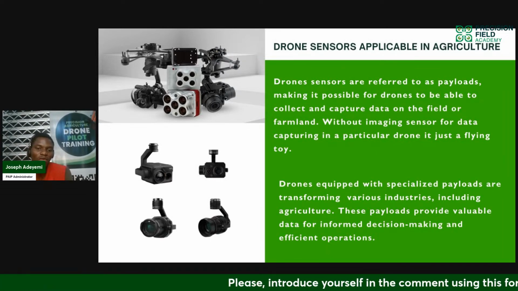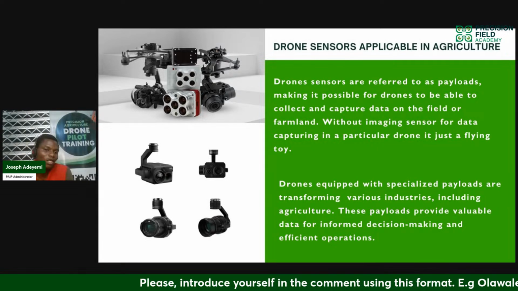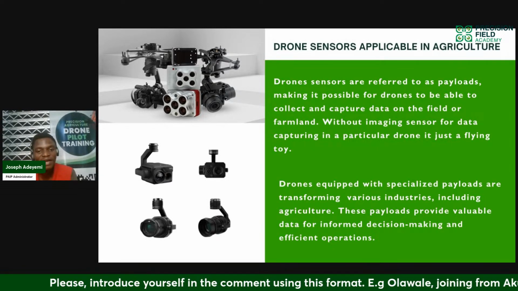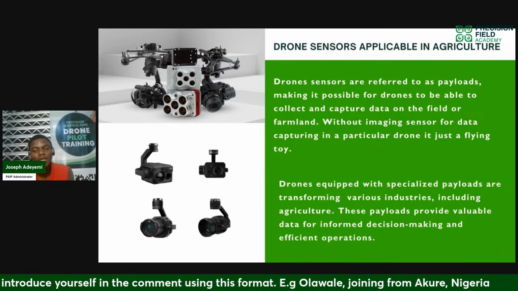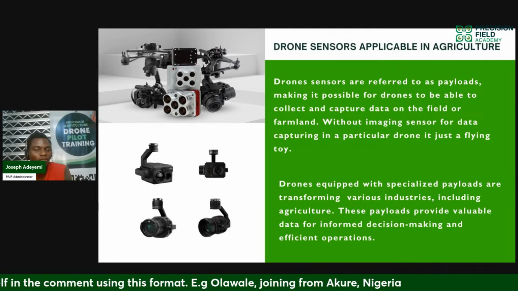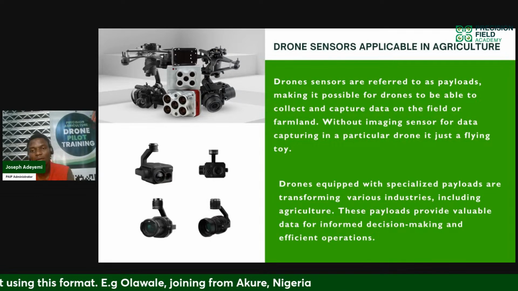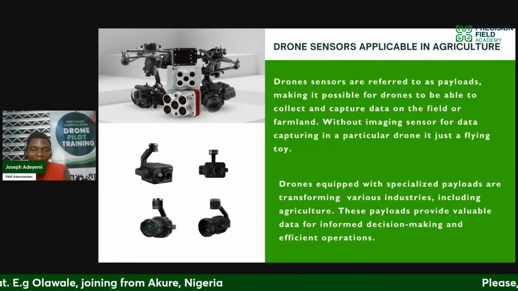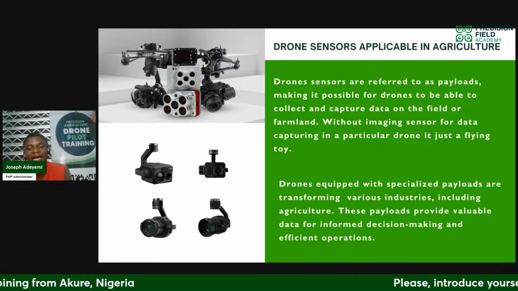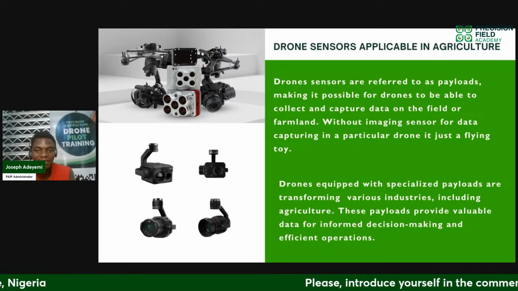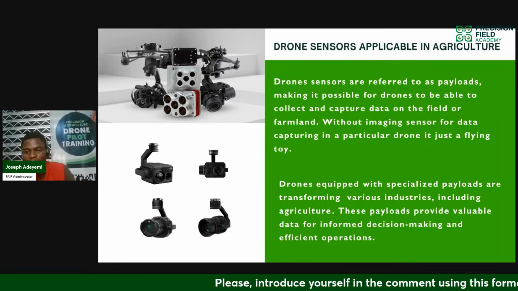This payload is what makes them relevant and useful to farmers, because these sensors collect data that the human naked eye fails to detect.